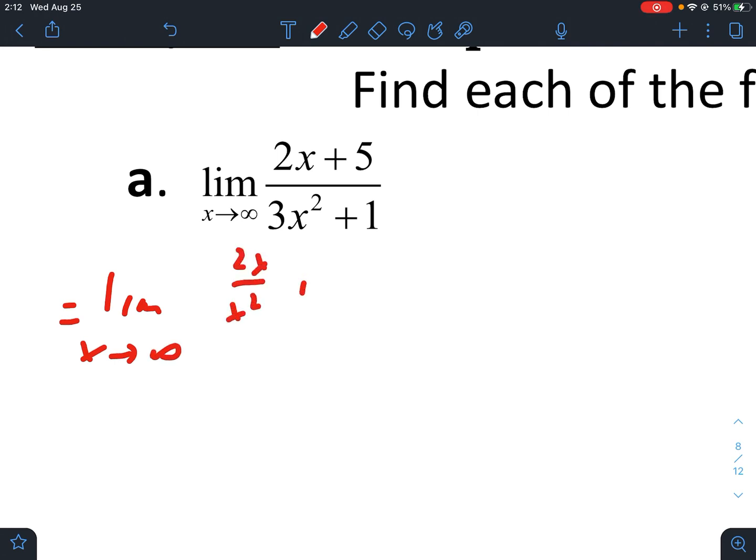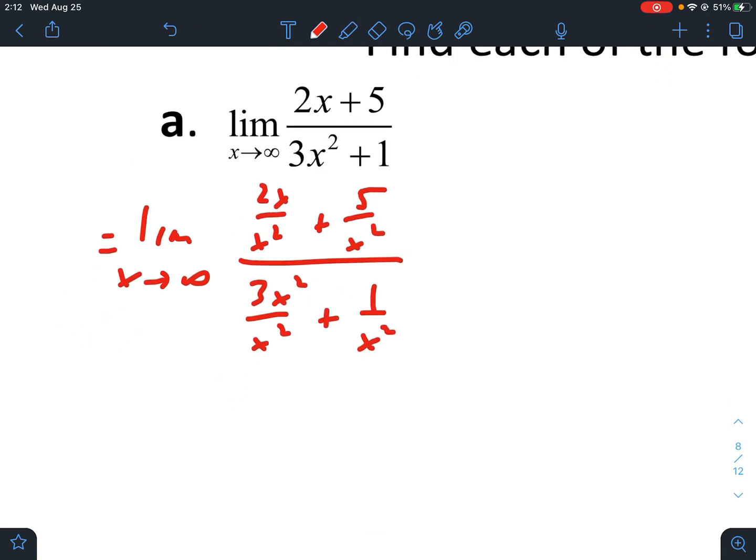So 2x over x squared plus 5 over x squared over 3x squared over x squared plus 1 over x squared.